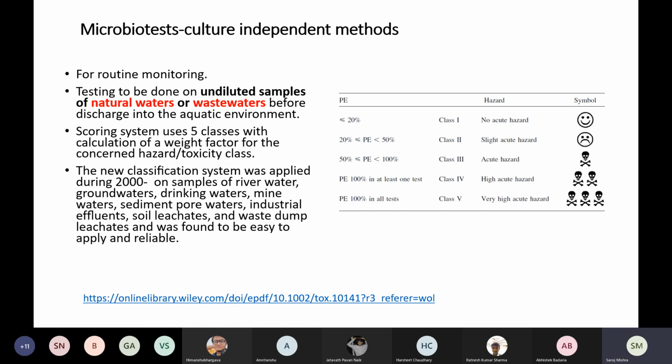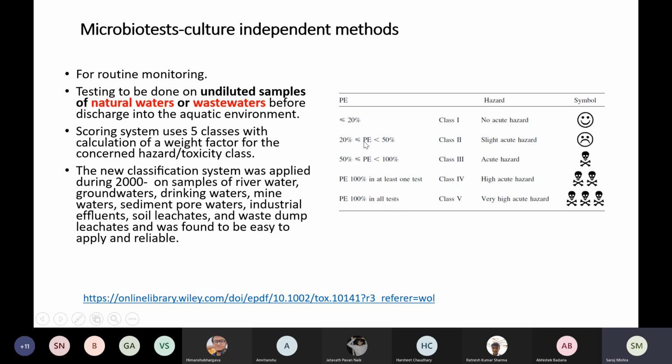Let me move ahead, and when we come to that slide, you'll be able to understand. But as for now, is this clear as to what is the logic for classifying them into these 5 different categories? So less than 20% response, either by microalgae or by Daphnia or by fish, will classify that as a class 1. No acute hazard.